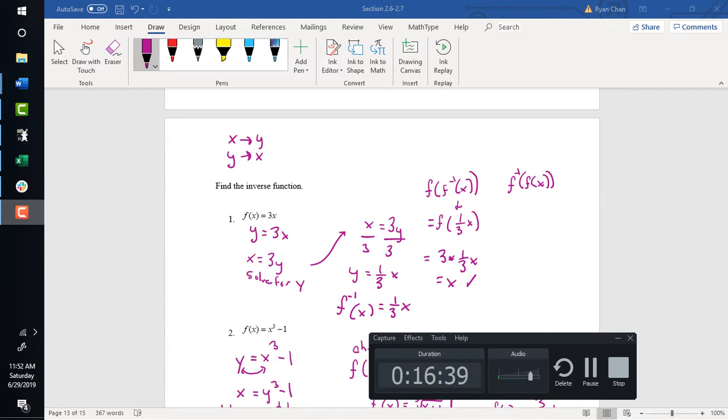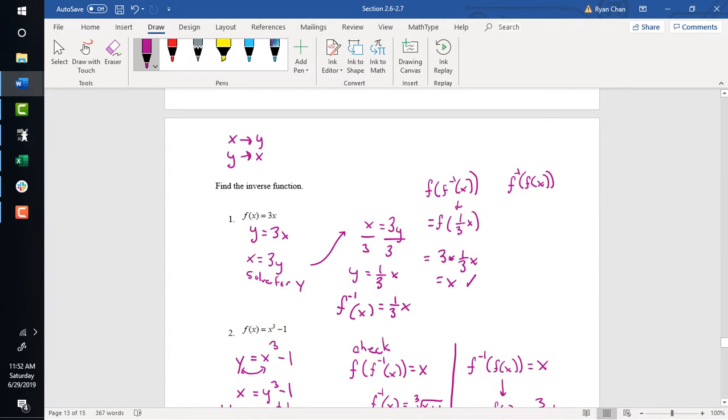Now let's look at the next one. And then I'm going to do the following here. So my f of x is becoming 3x. And then I plug into my inverse, so it's 1/3 times 3x, which will become x. That works out as well. Okay.